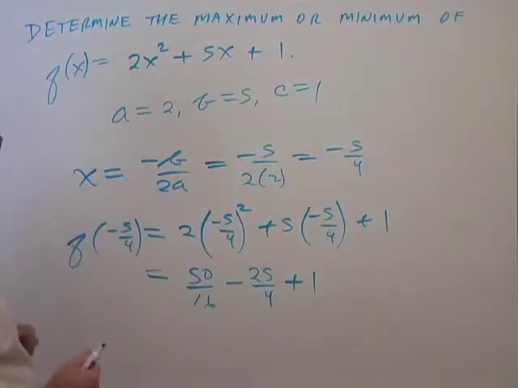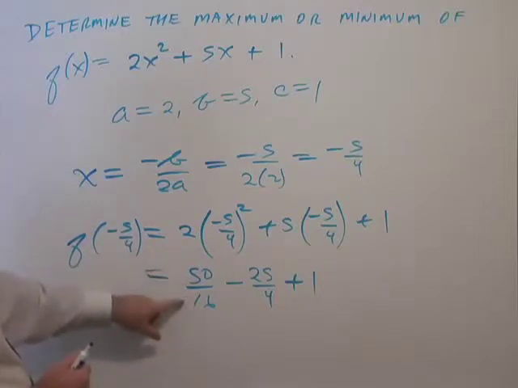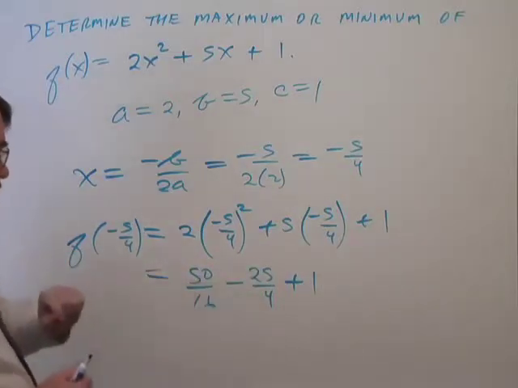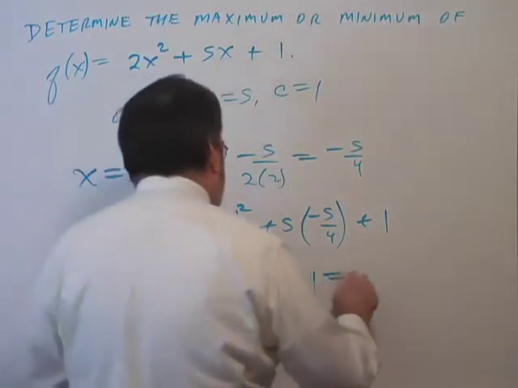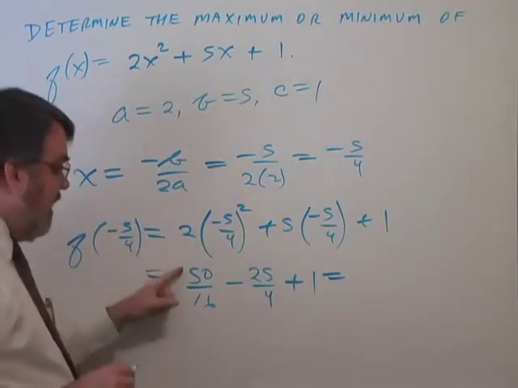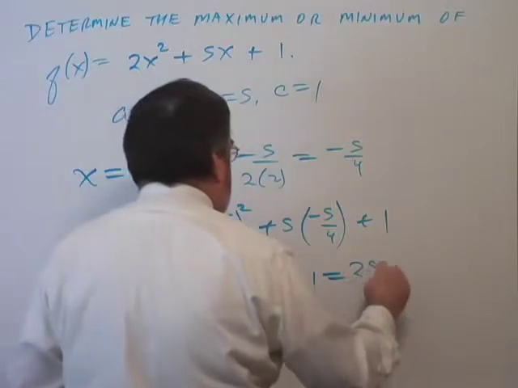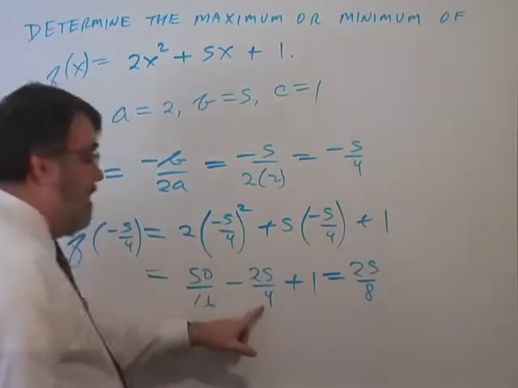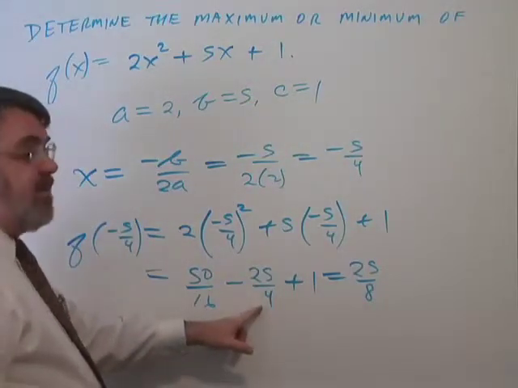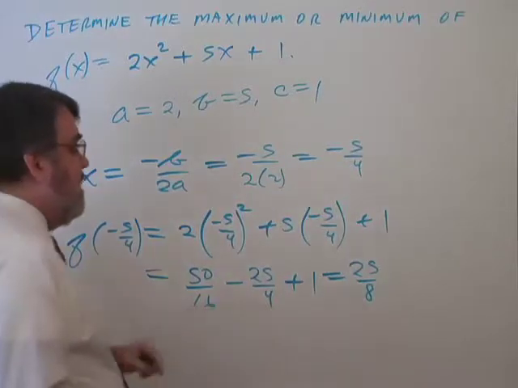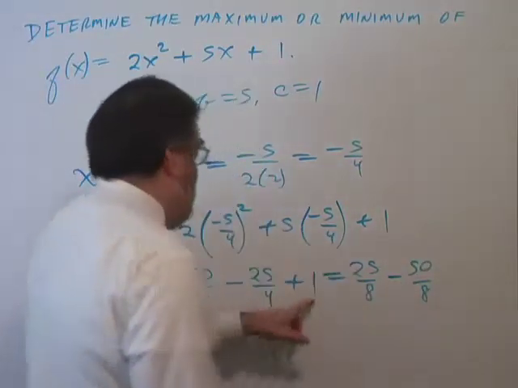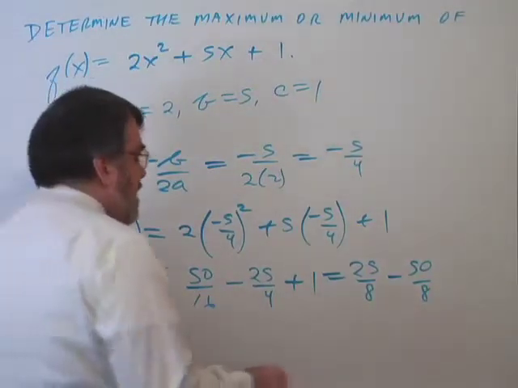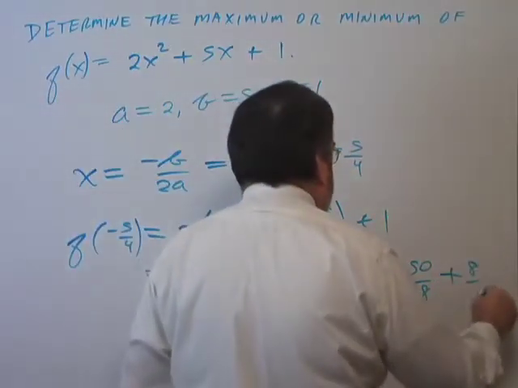Well, I'm going to have to go to a common denominator of 8 here. So I'm going to reduce this fraction down to 25/8 and make this 50/8 to get the common denominator. So it's minus 50/8. And then the 1, if I go to 8s, has to be plus 8/8.